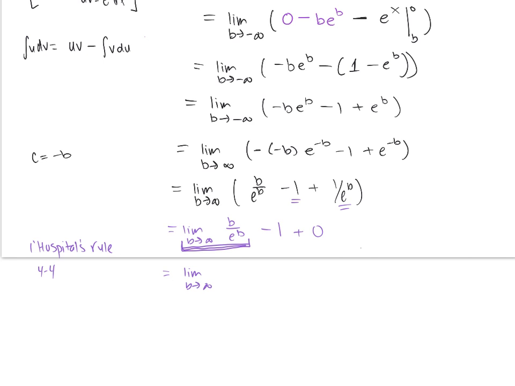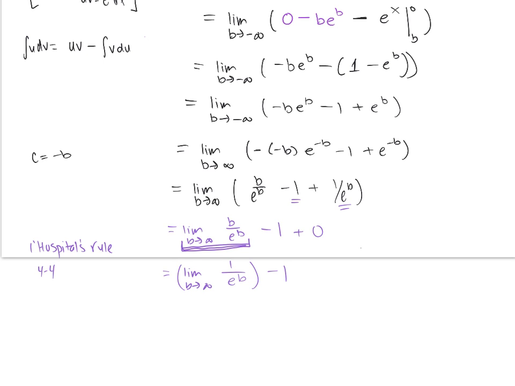So this limit is the same thing as the limit of 1 over e to the b. And that minus 1 is totally separate, just hanging off on the end. That's what L'Hopital's rule says. And it only works if your limit is infinity over infinity or 0 over 0.